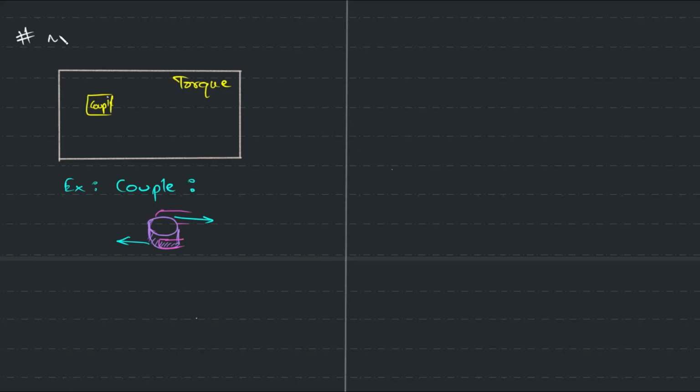This is a note, and under the note, we have an example of why we are studying it. We use couple almost all the time. So that's why.